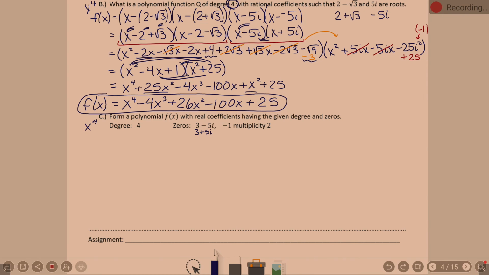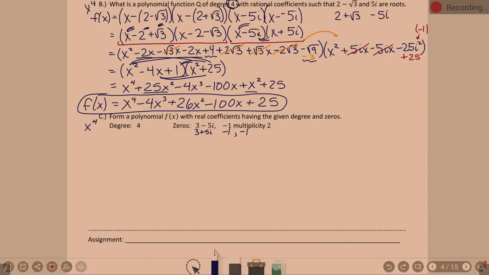Now, negative 1, multiplicity 2. What's that saying? It means negative 1 is going to occur twice, so you're going to have the same factor twice. It's not 2, 2; it's -1 with multiplicity of 2.